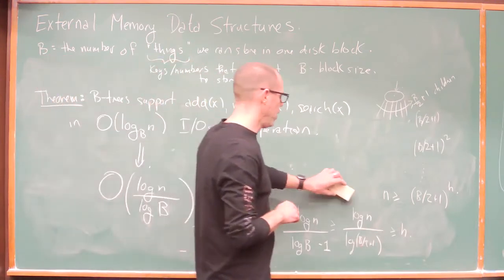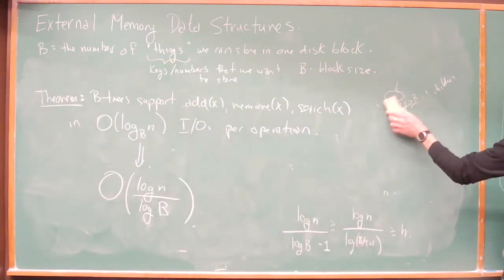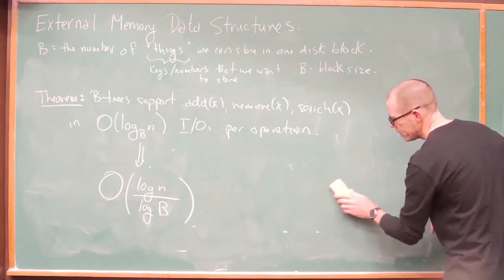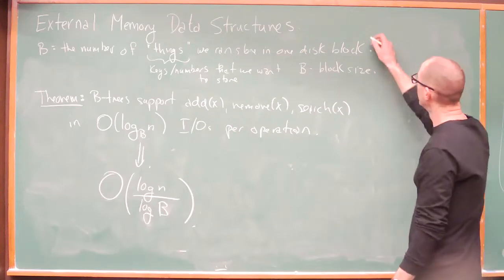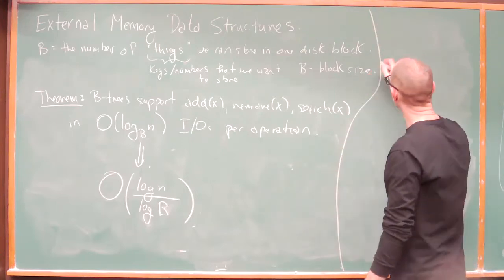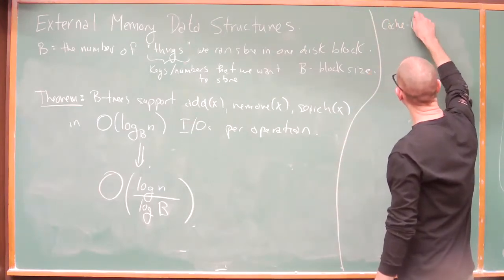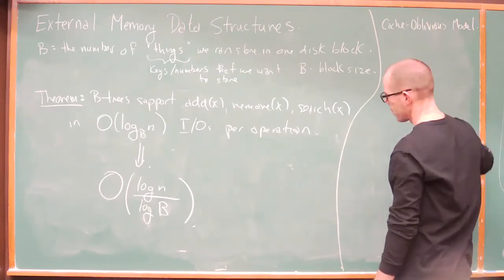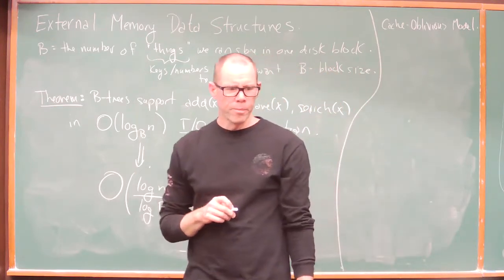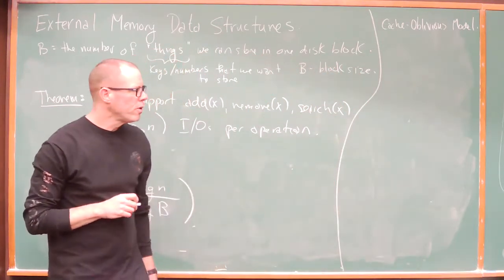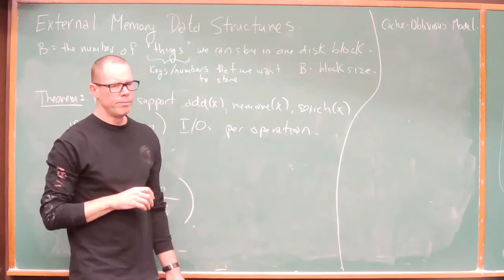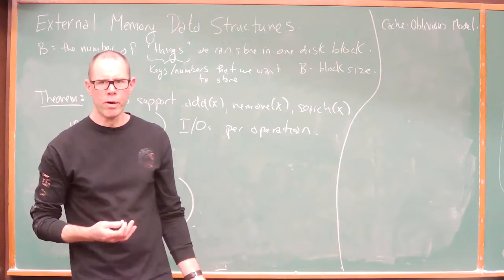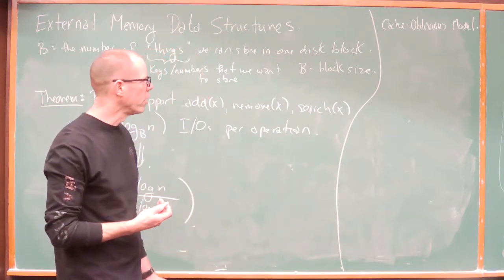There is another version of the external memory model called the cache-oblivious model. And at first, that model looks like it was just invented to make life harder for us, with no obvious benefit.